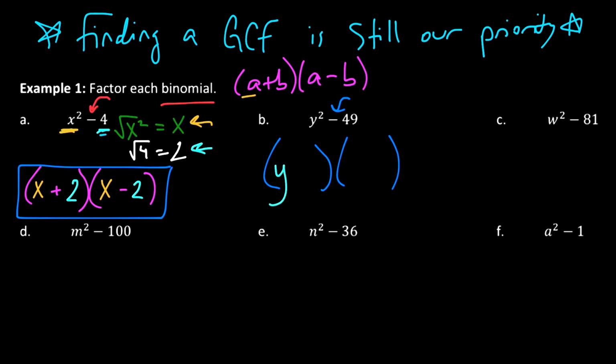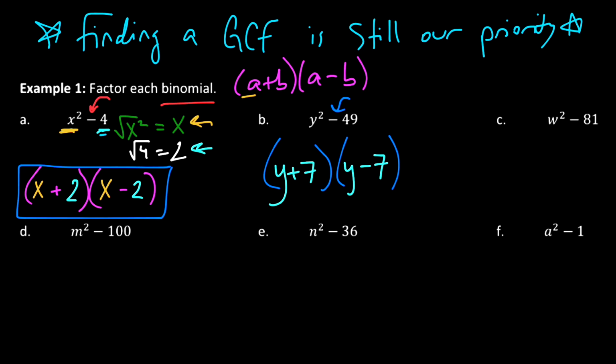So all we're doing is square rooting each of those terms and filling those into my parentheses. So y squared results in a y times y, 49 results in a 7 times 7, and then to match our pattern, one of those 7s has to be positive, one has to be negative. And as always, we can go through and check these using FOIL.